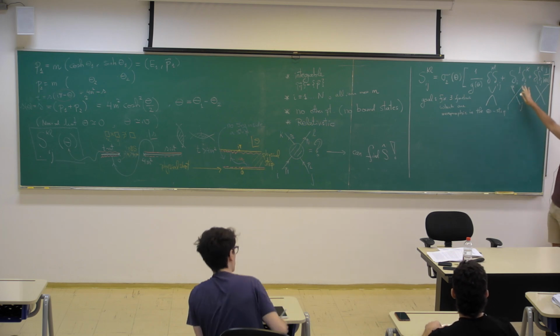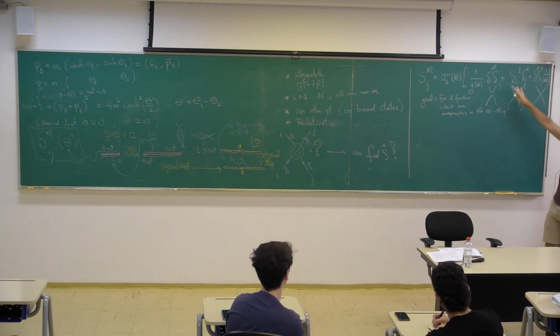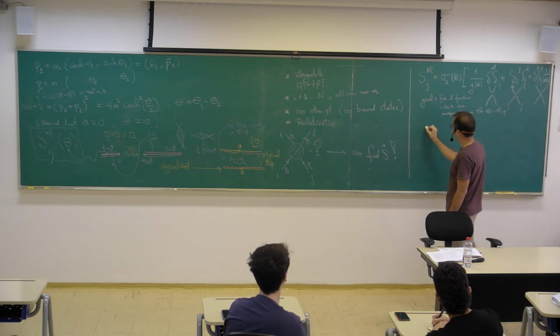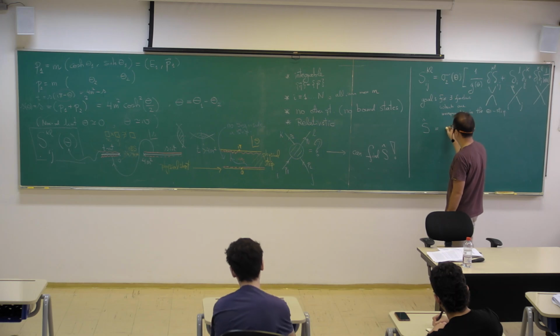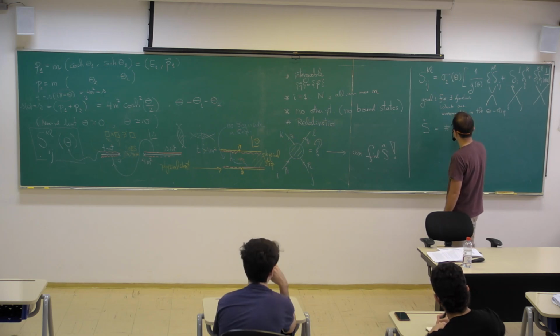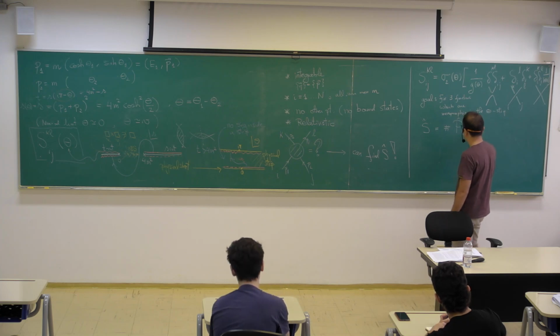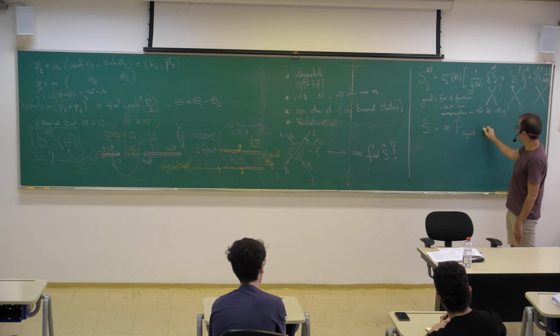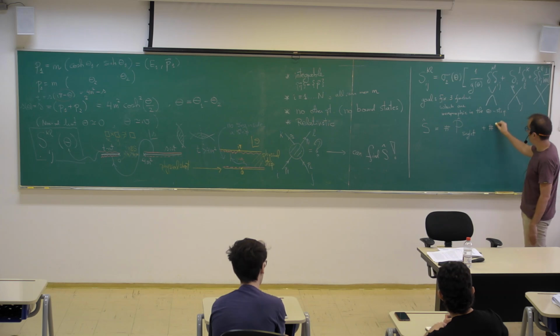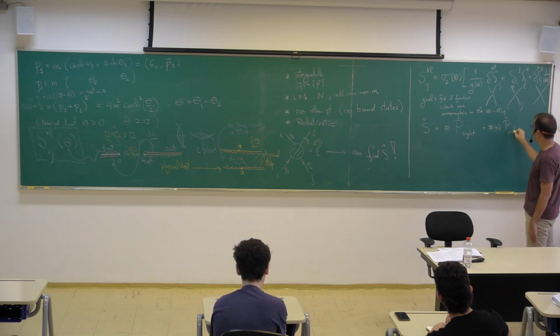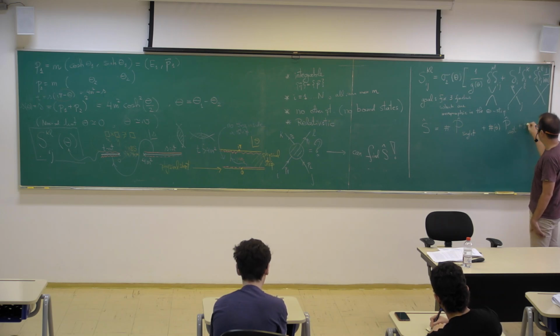But this is equivalent, if you want, in more group theory language. I could also write this same equation by saying that S as a tensor is equal to some function times the projector into the singlet representation, because 2 vectors can form a singlet, plus another function of theta times the projector into the antisymmetric representation, plus another function of theta times the projector into the symmetric traceless representation.